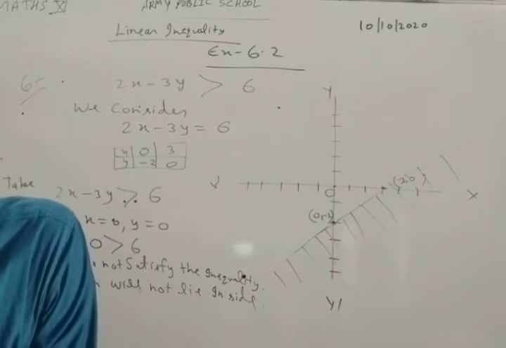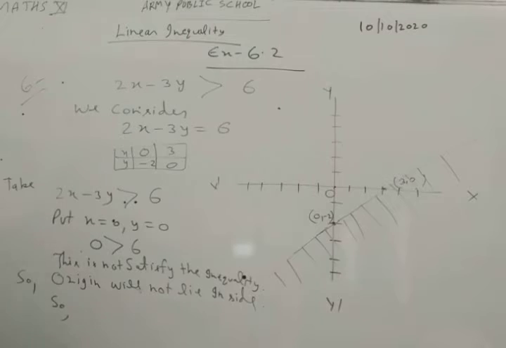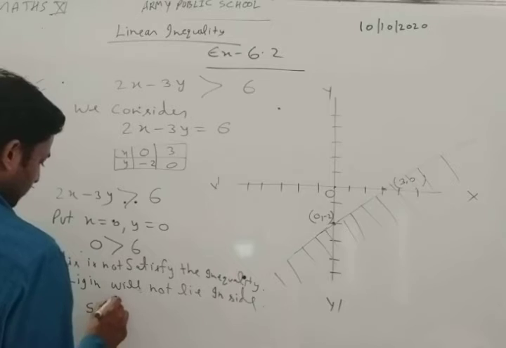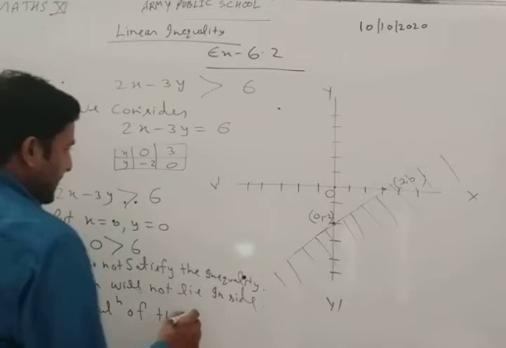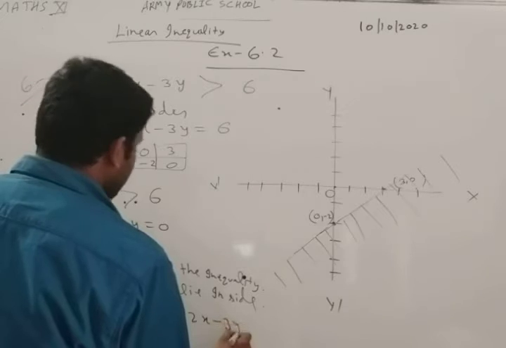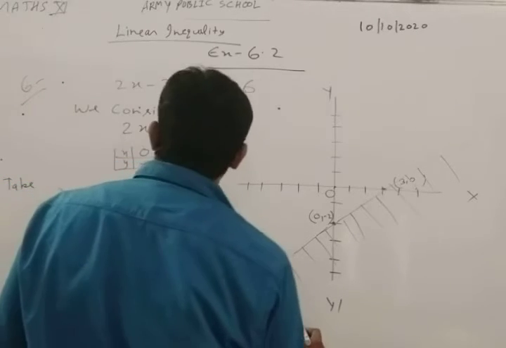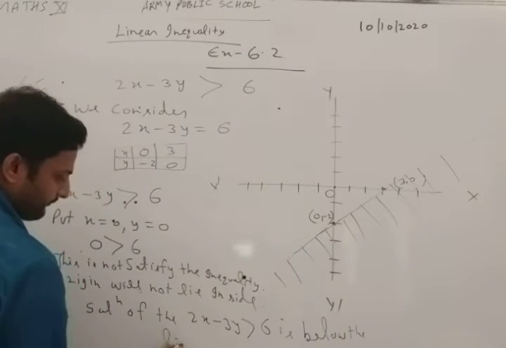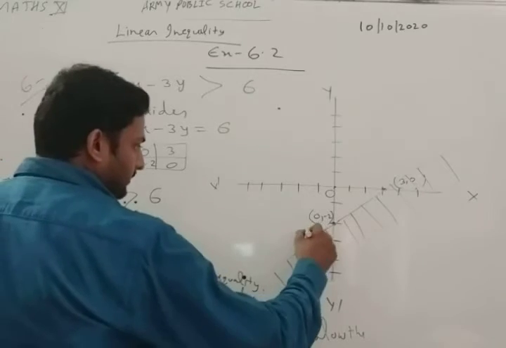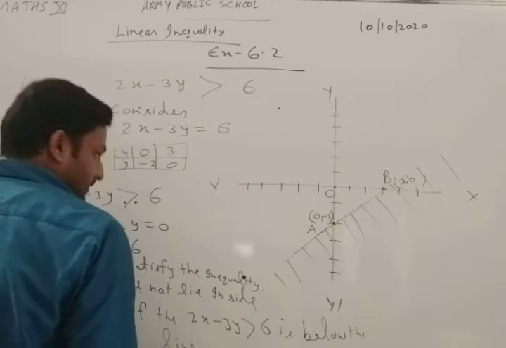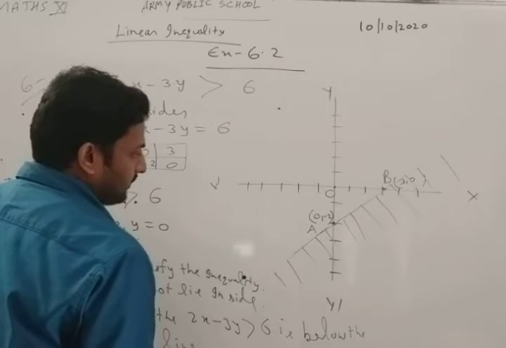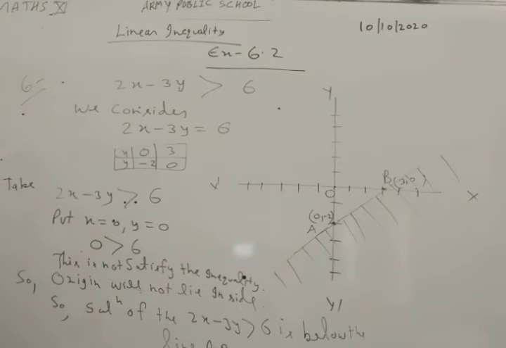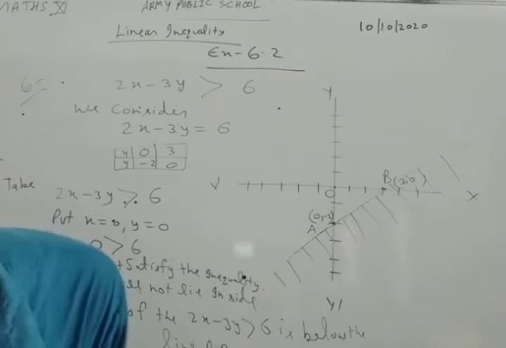The solution of the inequality is below the line AB.